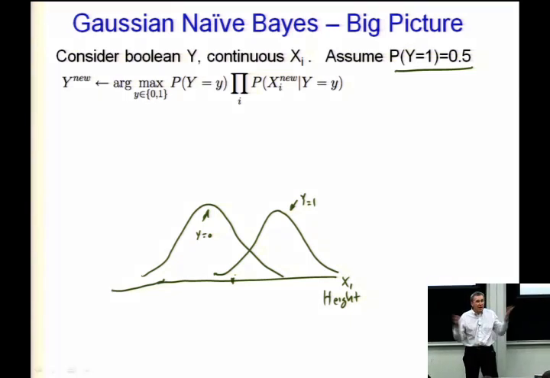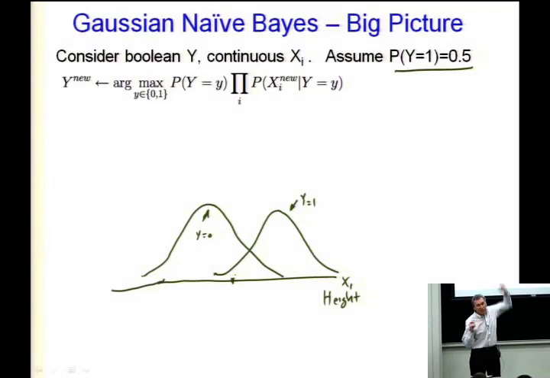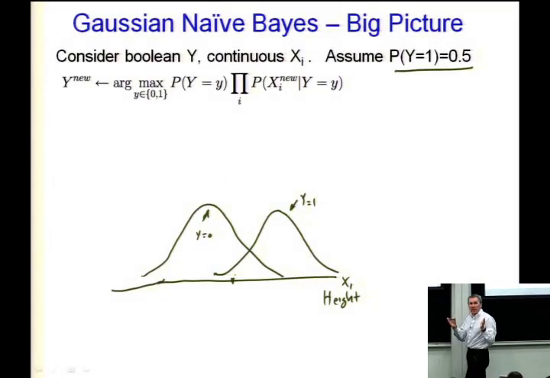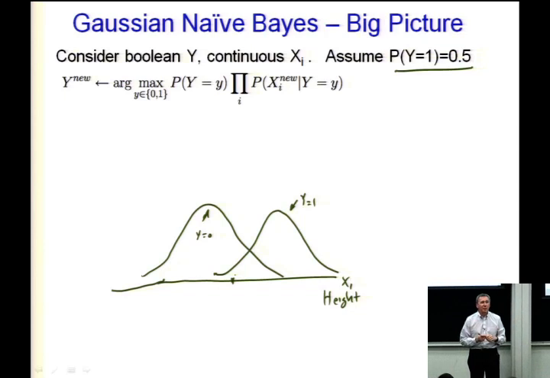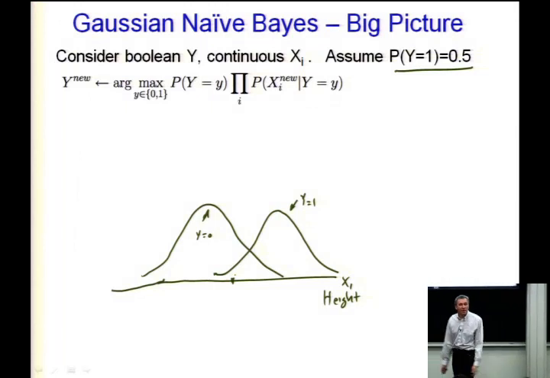Bayes' rule tells us, or our decision rule tells us, we multiply the prior times the conditional probability of those observed x's given the y. So it's just what we've talked about.